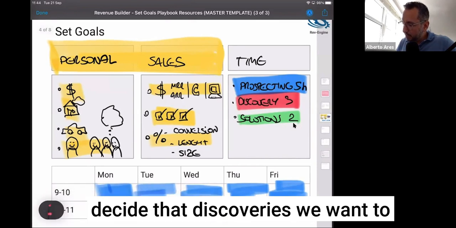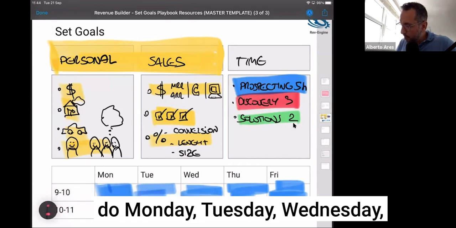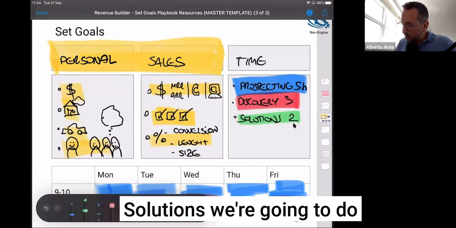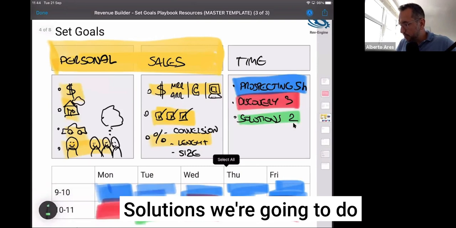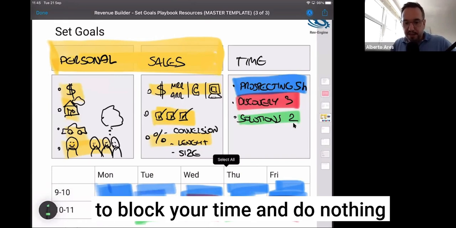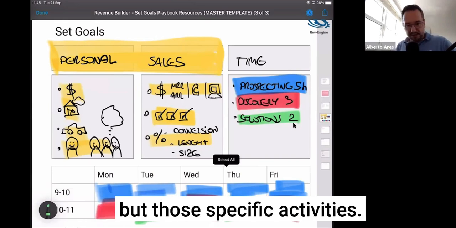We might decide that discoveries we want to do Monday, Tuesday, Wednesdays. And we might decide that solutions, we're going to do Thursdays and Tuesdays. And then you block your time and do nothing but those specific activities.